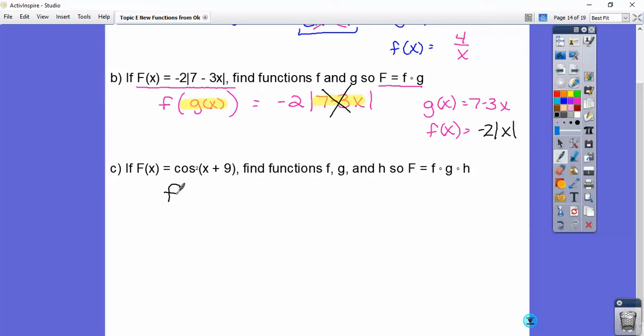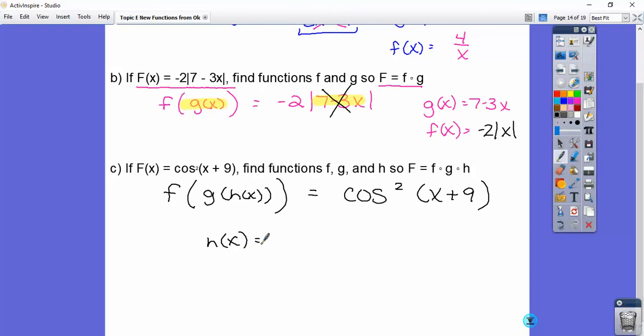This time there are three functions, f of g of h of x. And when I compose them, we got cosine squared of x plus 9. So starting on the very inside, that's my h of x.